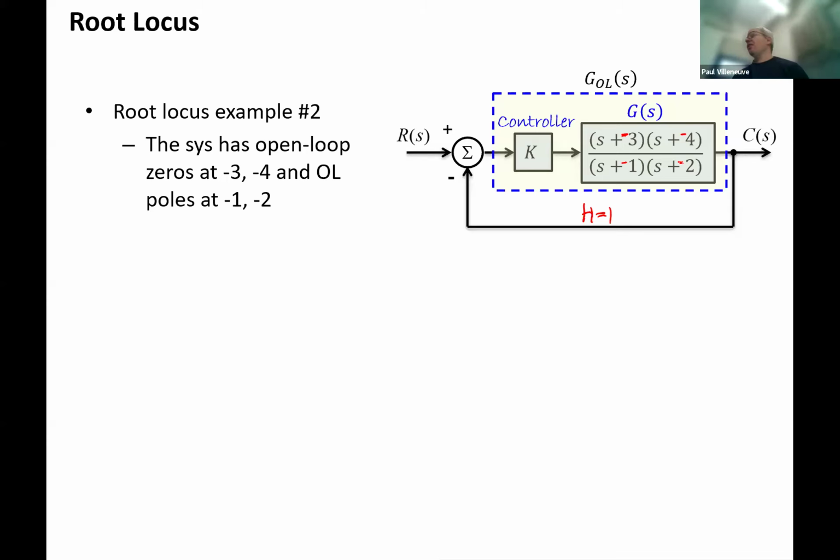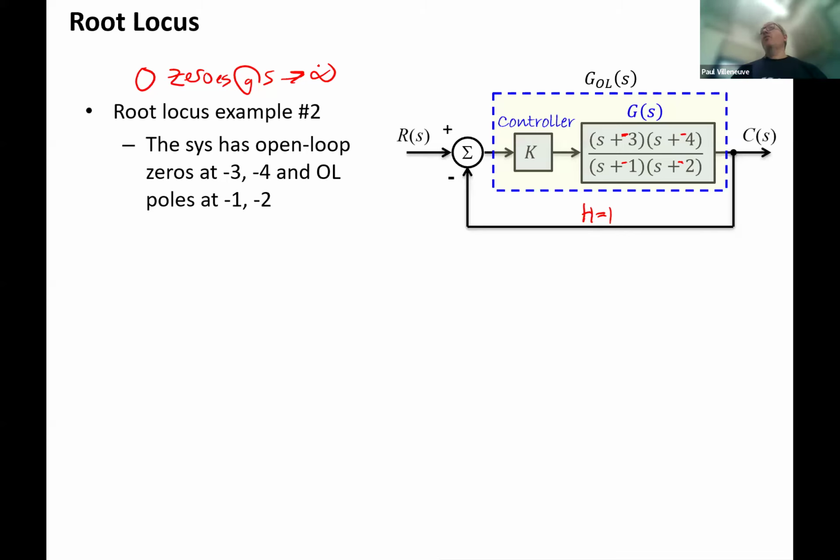So this is an easier case because we have the same number of finite poles as we do zeros, right? Same number of finite poles, same number of finite zeros. So we have zeros at S approaches infinity, correct?